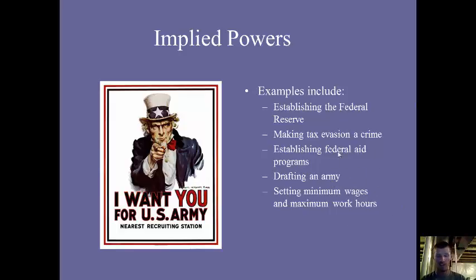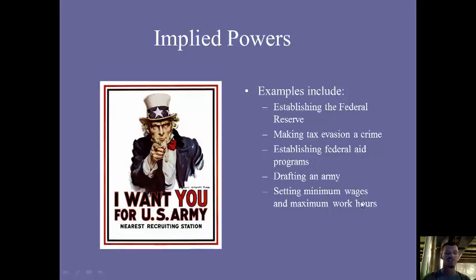But if Congress deems it necessary, they have the power to draft an army. If they need more able-bodied citizens to fight in a war, they can say, all right, we're instituting a draft, and that's the way it's going to be. So that's an implied power. If we need more men to be able to fight and win a war, they're going to draft enough men to go and fight in that war.